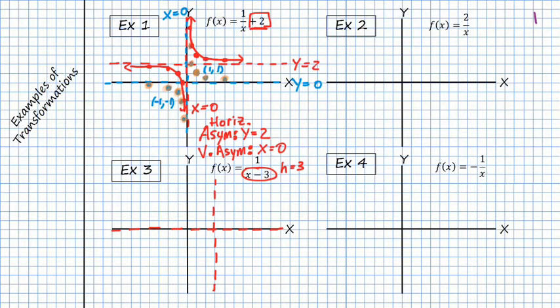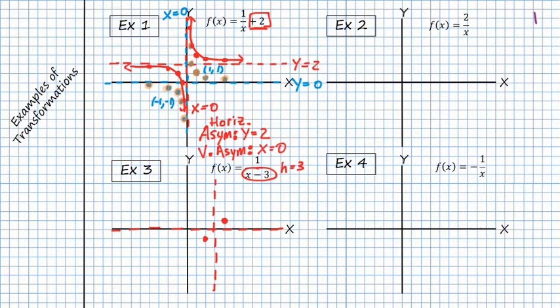And now it's actually really easy. If we know where our asymptotes lie, we know that our original points are going to just lie at a set pattern away from the asymptotes. So I can plot 1 unit to the right and 1 unit up to plot my first point, and then 1 unit to the left and 1 unit down to plot the other point. And then I just have this set pattern that I can follow.